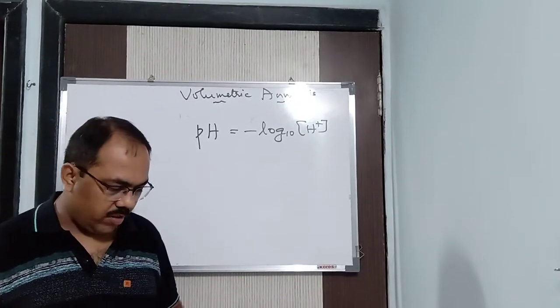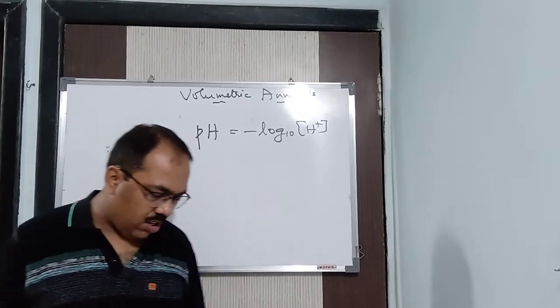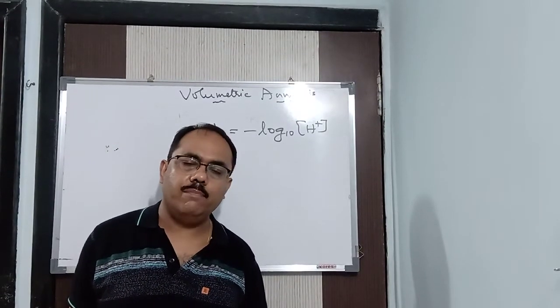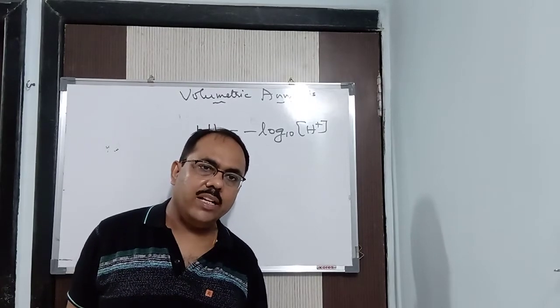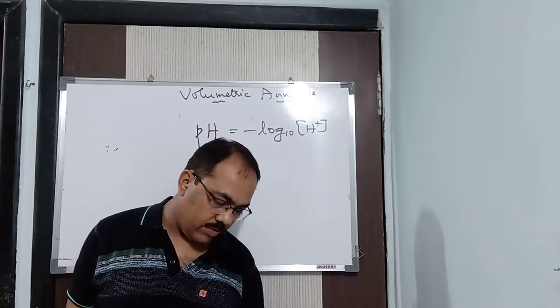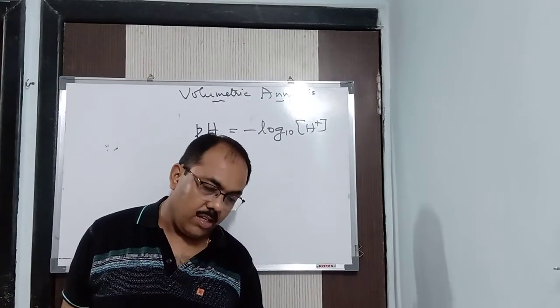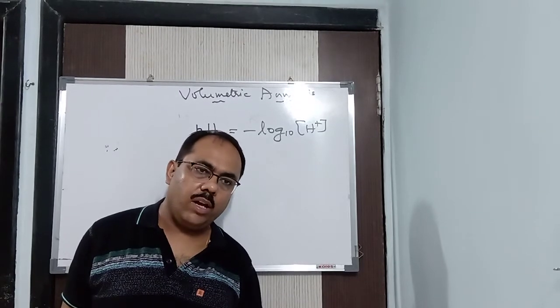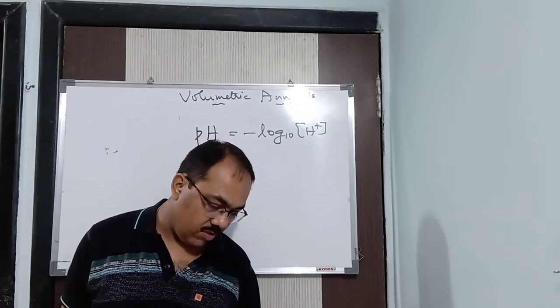Write down. Right. So in the titration of strong acid and strong base, for example HCl with NaOH, the equivalence point lies in the pH range of 4 to 10.